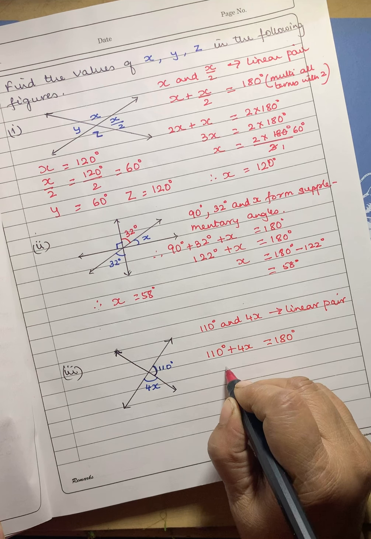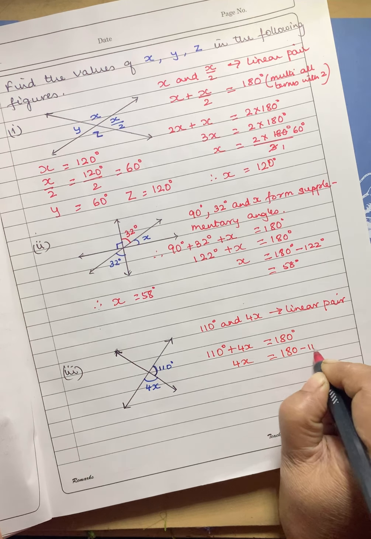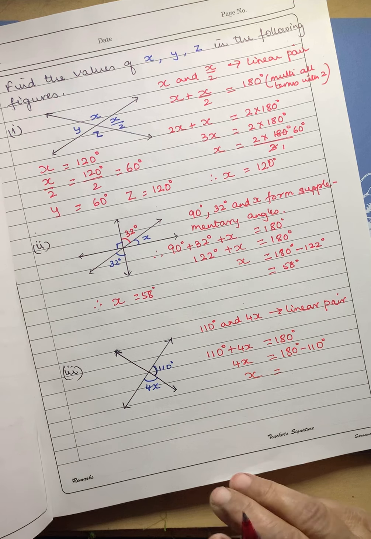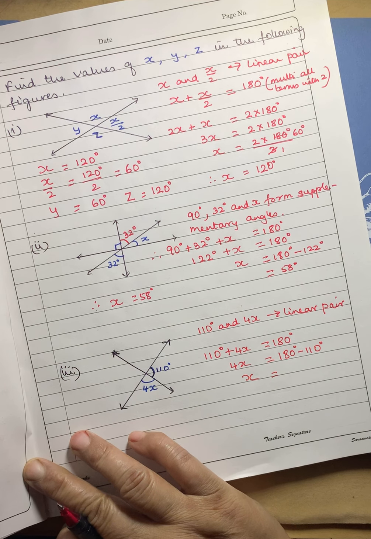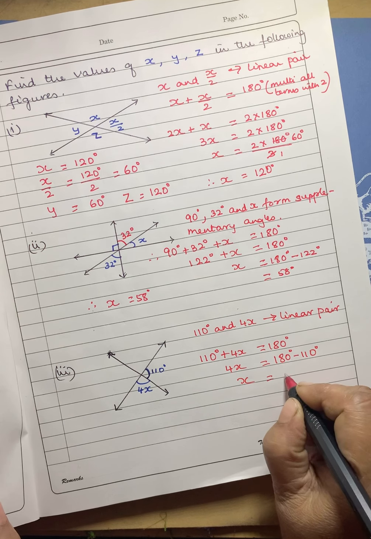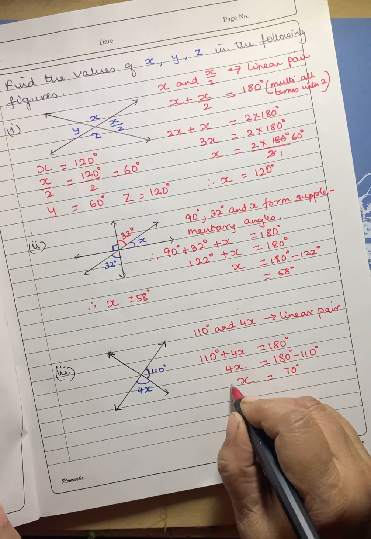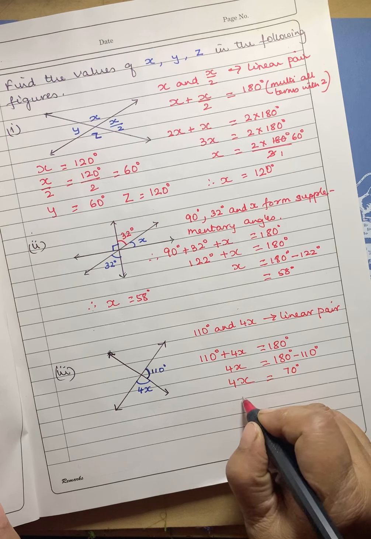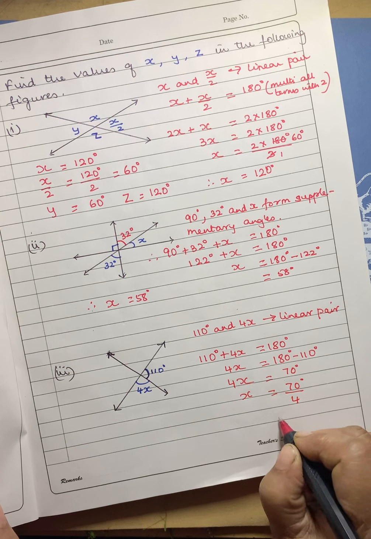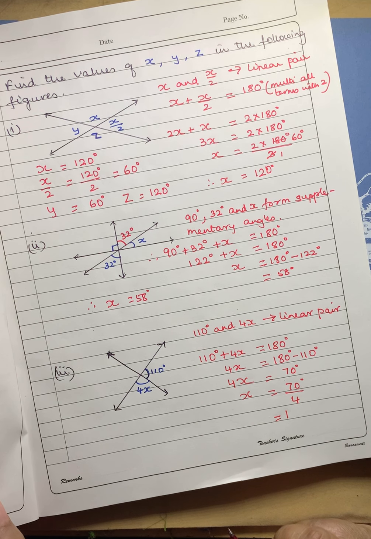So now, using simple equations, 4x is equal to 180 minus 110. 180 minus 110 will give you 70 degrees. 4x is equal to 70 degrees. x is equal to 70 degrees upon 4.